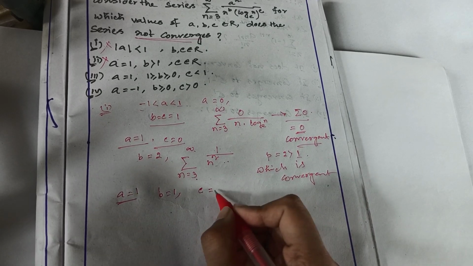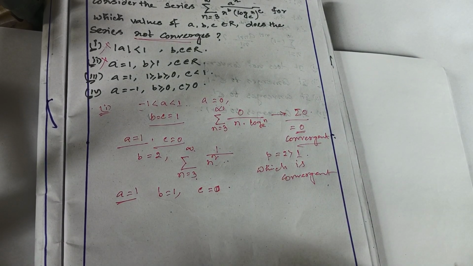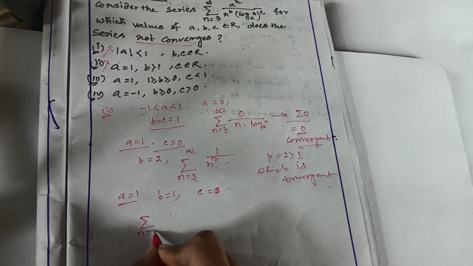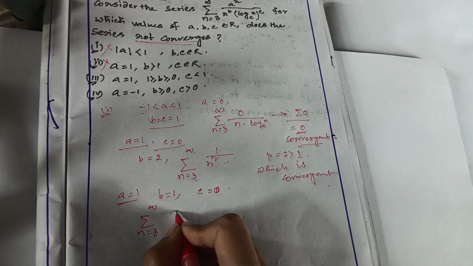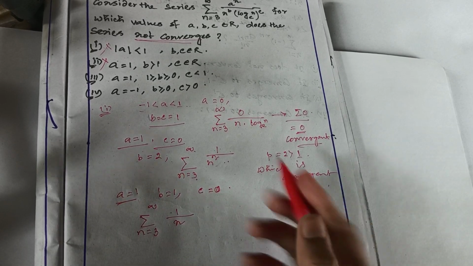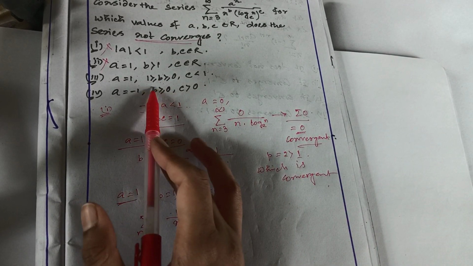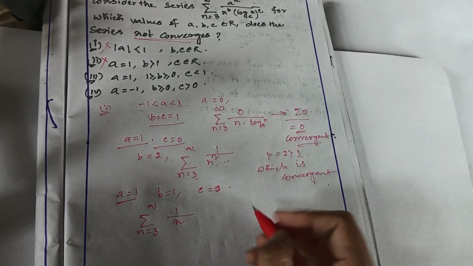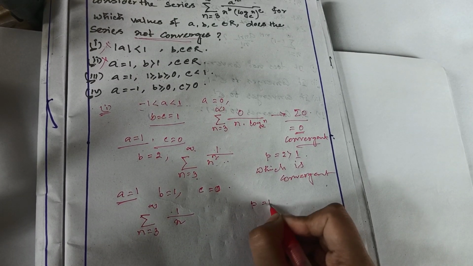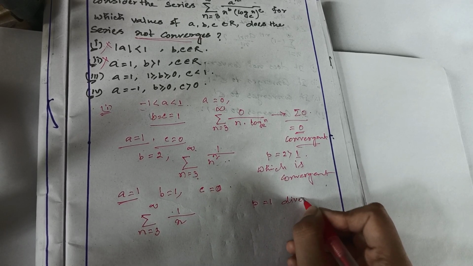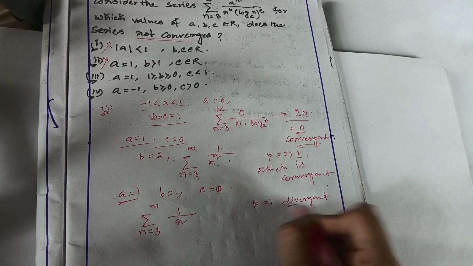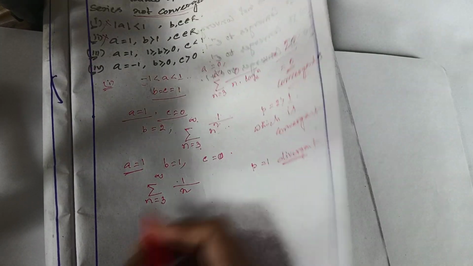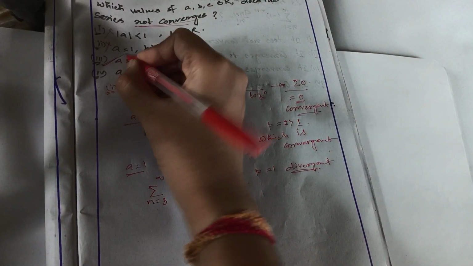So if we take c equals 0, we obviously see summation of n equals 3 to infinity of 1 by n, with b less than or equal to 1. So by the p-test, p equals 1, so that is divergent. So it is the correct option. So the third option is correct.